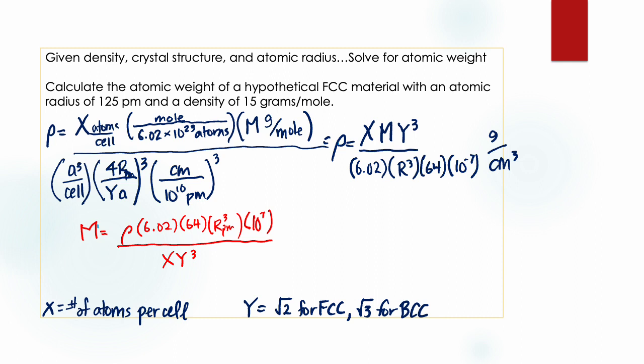So I'm given a density, 15 grams per mole, times 6.02 times 64, and that 6.02 has with it atoms per mole.